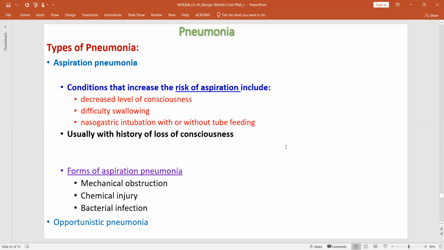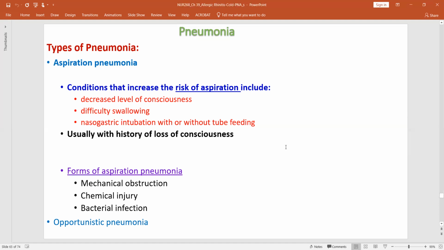Aspiration pneumonia is the condition that results from aspiration, and usually it's because of dysphagia, difficulty swallowing, and conditions that increase the risk of aspiration: decreased level of consciousness, seizures, being under anesthesia, head injury, stroke, alcohol intake, difficulty swallowing of any type, and nasogastric intubation with or without tube feeding.